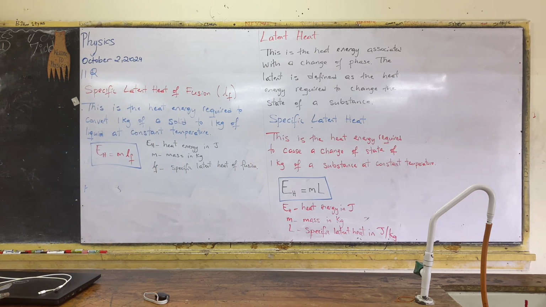So that's what we see. Now, from this definition, we can form a definition for the specific latent heat of fusion of any substance. And we're going to try for water next. So take that down for me in the meantime.